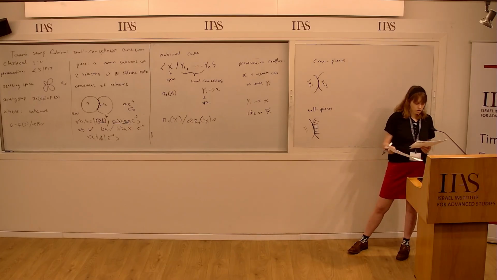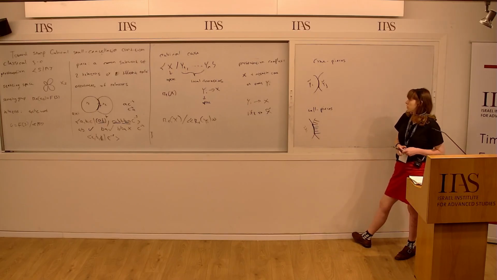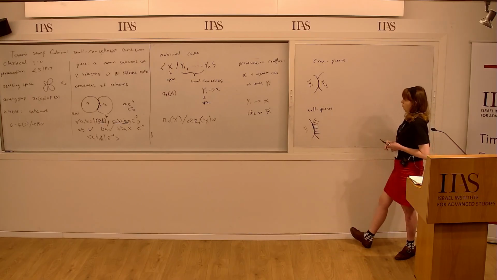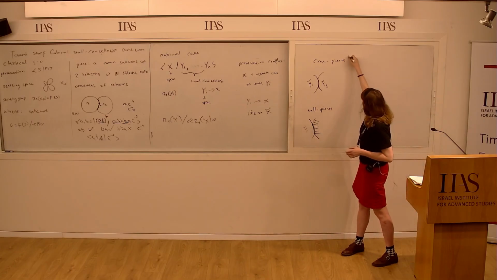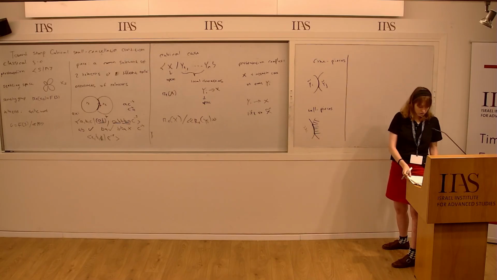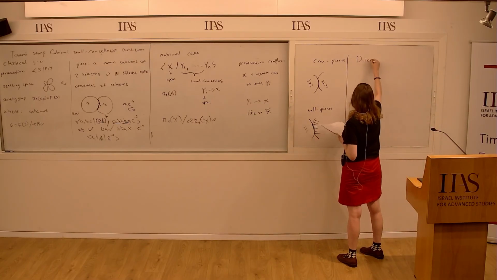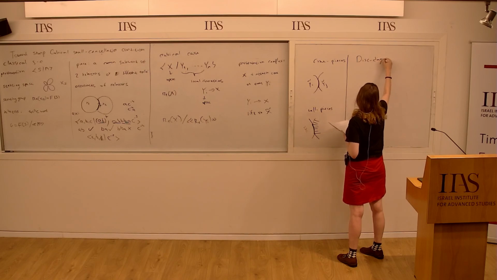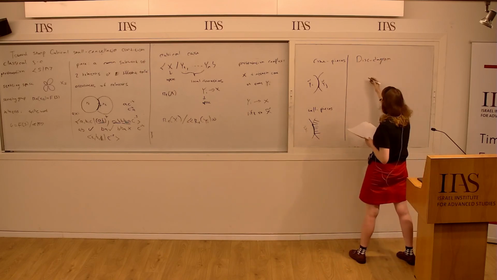Okay, so we have pieces, and we want to find a way to measure them. And the way is to define a tool, which is called a disk diagram. And what's a disk diagram?